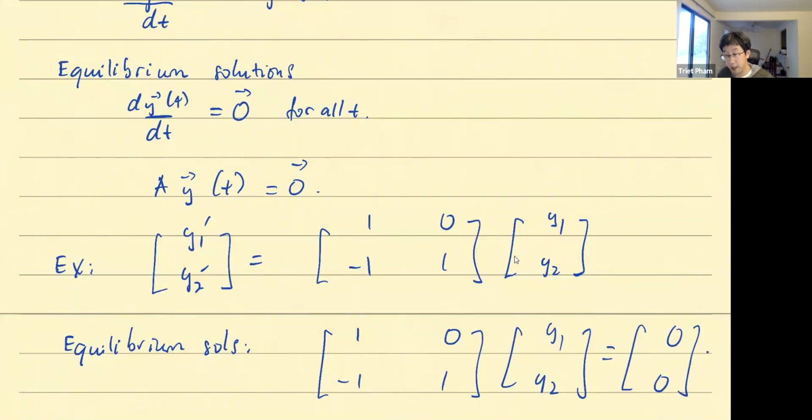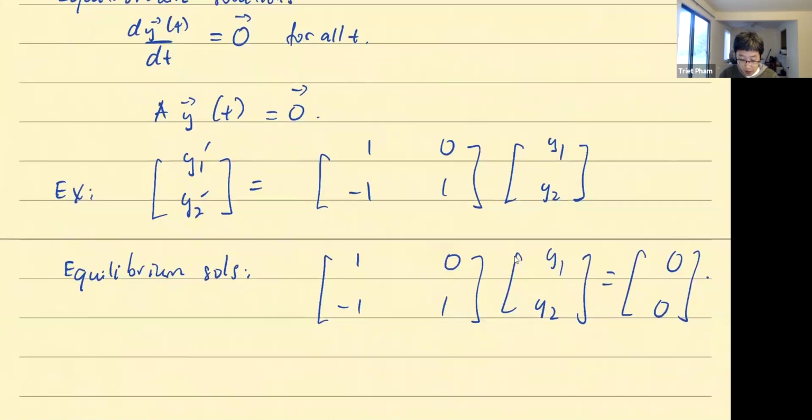Exactly like what we talked about before anyway. Now here, you can easily see that A times y is equal to 0 always has y is equal to 0 as a solution.